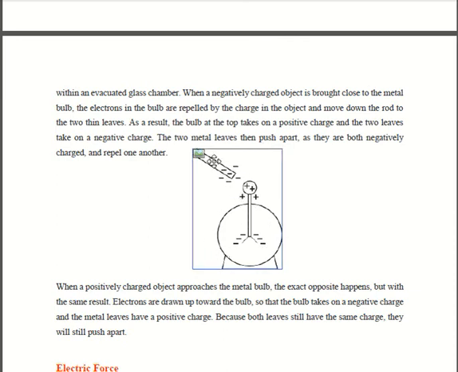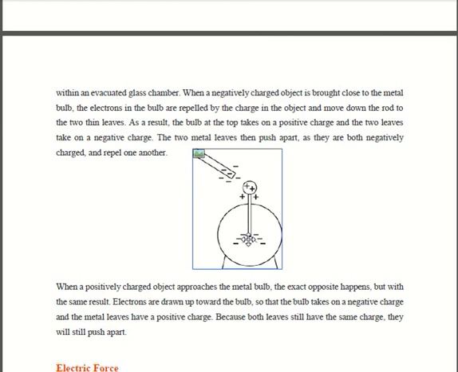So if we have some negatively charged object that gets brought close, so keep in mind we don't want to touch, it's just going to be brought close to that metal bulb that's on top, then all these electrons are going to take all the electrons in the metal bulb at the top and push them away. So they get pushed down that metal rod into the two leaves.